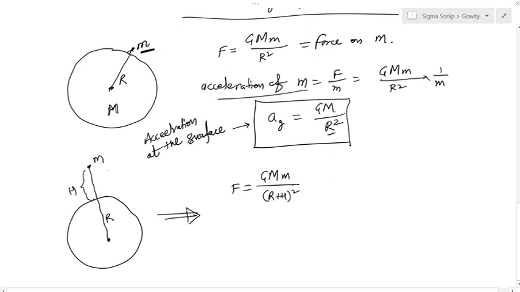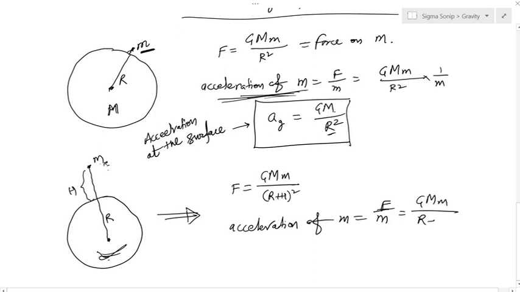So gravitational acceleration is basically the acceleration of this object because of the gravity of this bigger object. So again, same thing we'll do here, just like we found the acceleration before. The acceleration of m is equal to F divided by m, and G M m divided by (r plus h) whole square.